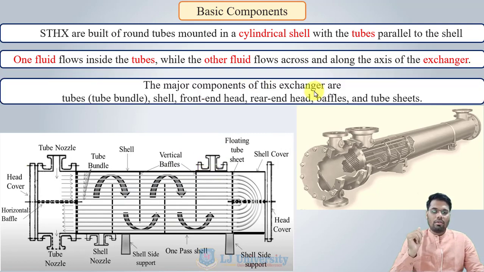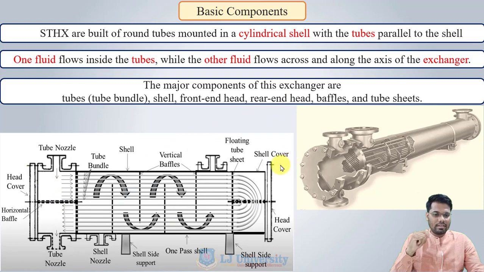The major component of the heat exchanger is the tube bundle. As you can see, there are a number of tubes, which are generally known as the tube bundle. The shell is the outer cylindrical portion. This is the front end head, the head cover. This is the horizontal baffle, which divides the shell into two parts.